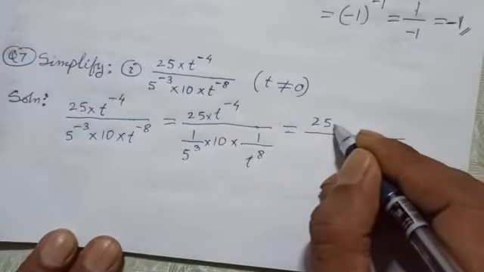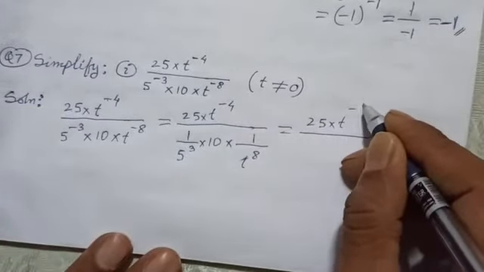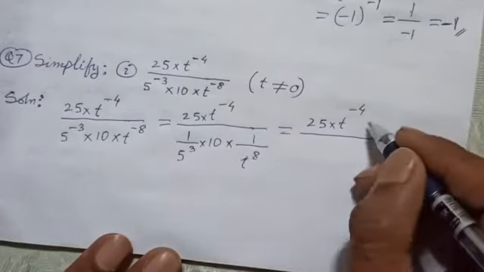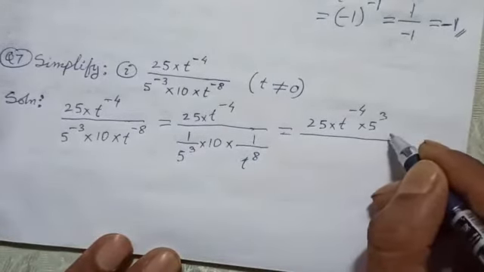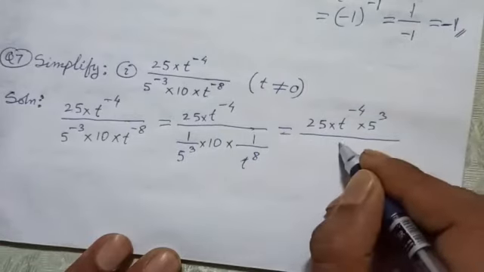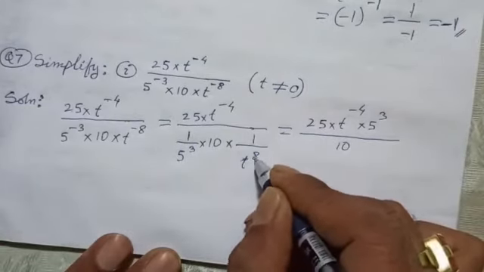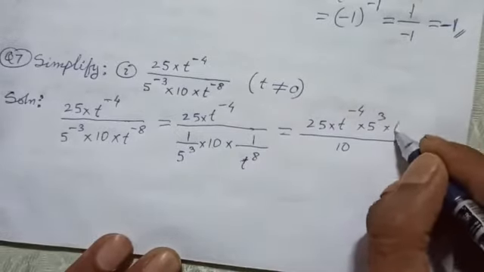25 into this number t to the power minus 4. This 5 cube we can keep in the numerator, 5 power 3. Then this 10 right here, this 1 by t power 8, this t power 8 we can keep in the numerator like this, t to the power 8 like that.